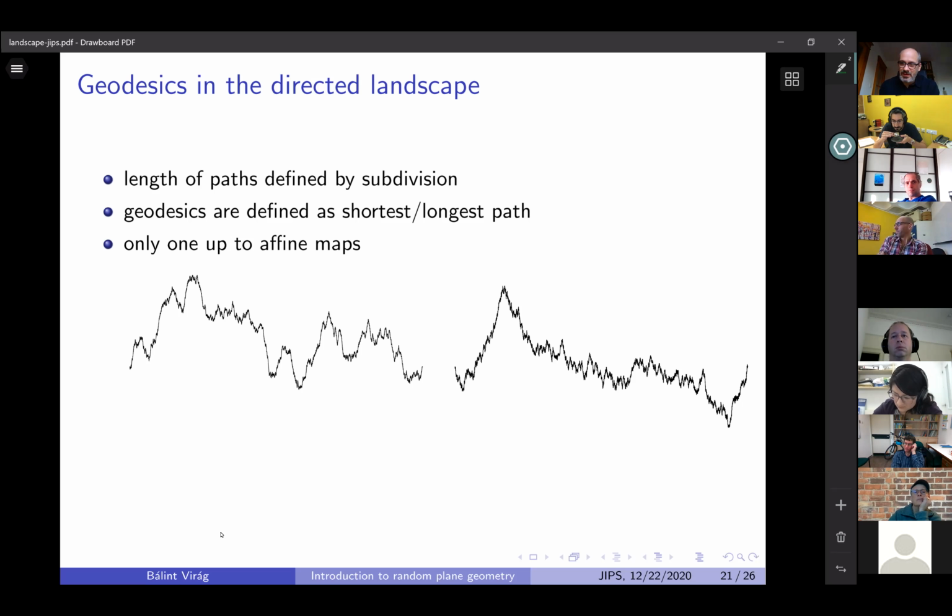Okay, and so here is a picture, by the way, of what this geodesic looked like in the directed landscape. On the left-hand side, maybe I shouldn't say, sometimes I do this as a riddle. So the left-hand side is a directed geodesic. On the right-hand side is a Brownian bridge. So there, as you can see, the left is kind of a little bit more regular on the small scale and a little bit less regular on the large scale.